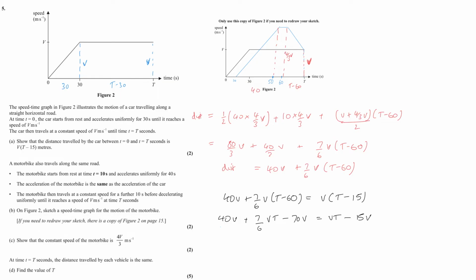So taking away 1 vt will give us 1/6 vt. And taking all of these to the other side, so 40 minus 70 is minus 30. Added to the other side becomes plus 30 minus 15, so becomes plus 15v. Cancel the v's, and t equals 15 times 6, which is 90. And that's the question done. Right, on to the next one.